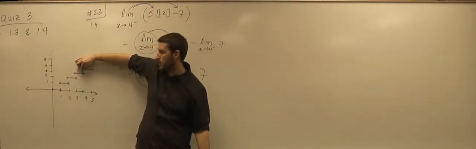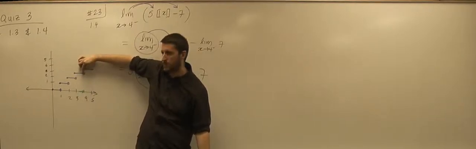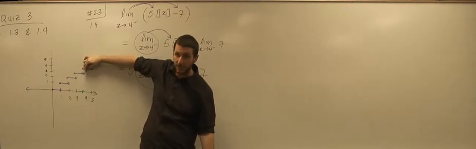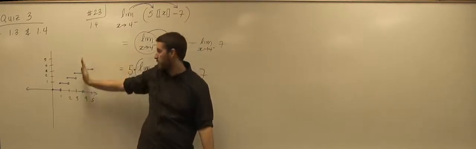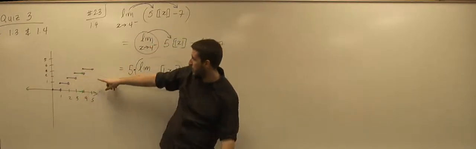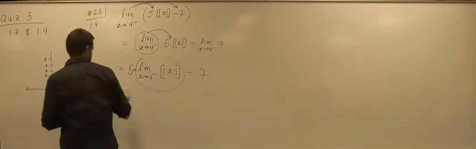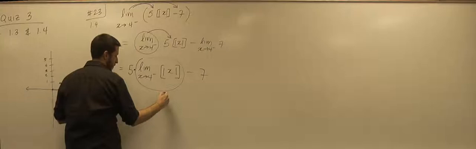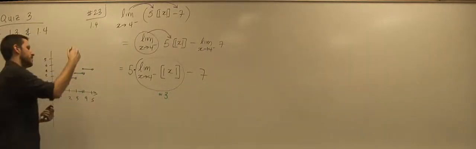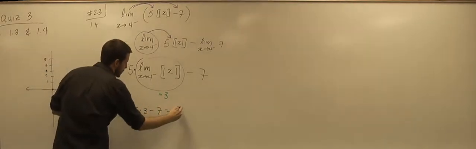So as you get closer and closer to 4, your y values are all 3, 3, 3, 3, 3. At 4, it jumps up, but a limit doesn't care what happens at 4. A limit cares what the trend is around 4, and specifically the trend to the left of 4 because of this negative. So this limit will equal 3. So then you do 5 times 3 minus 7, which equals 8.